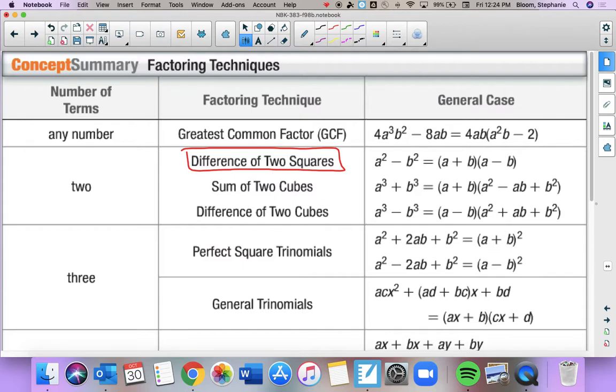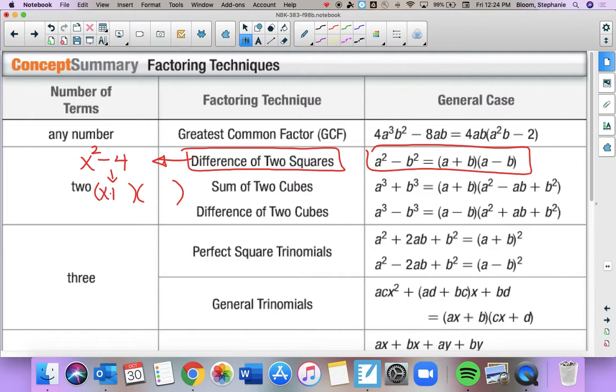Difference of 2 squares, you need to remember that that is factorable always. And it looks like this. So for example, if you have x squared minus 4, that's a difference of 2 squares, right? Exponent of 2 is a square, and a 4 is a square. So based on what you see right there, how would I factor it?